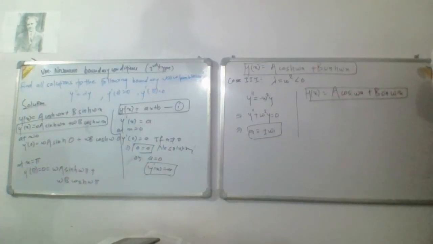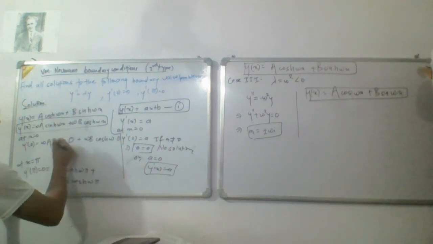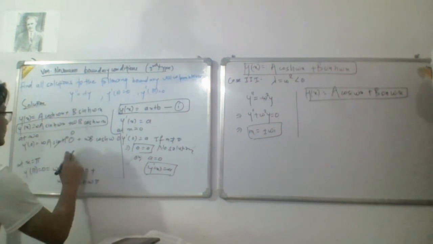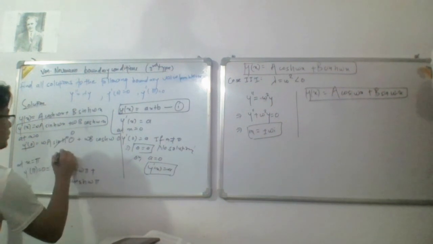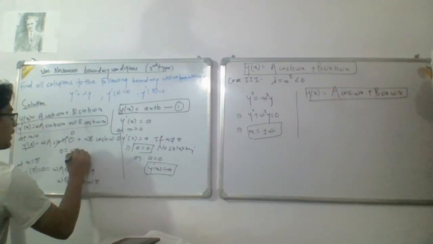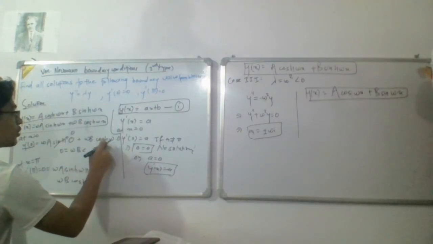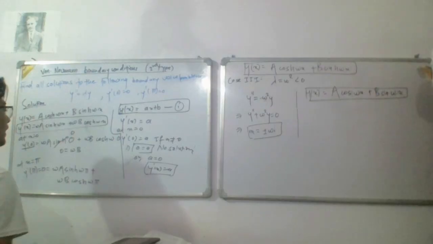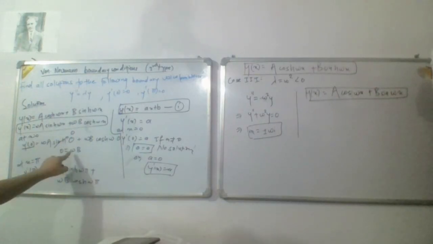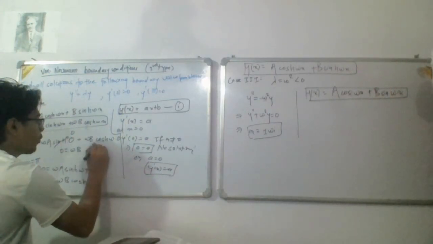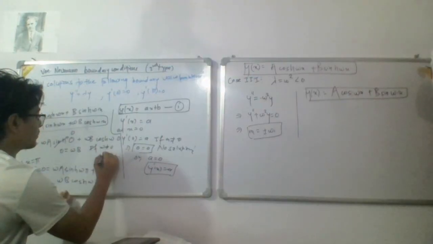Now, since sinh 0 is 0, we get 0 equals omega b times cosh 0, which is 1, so omega b.